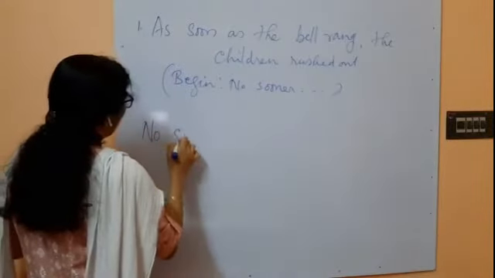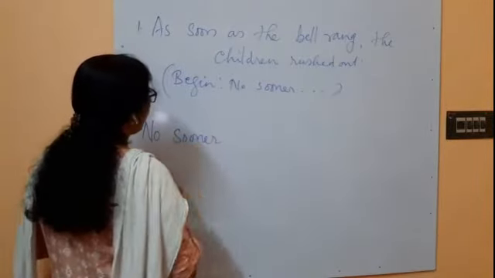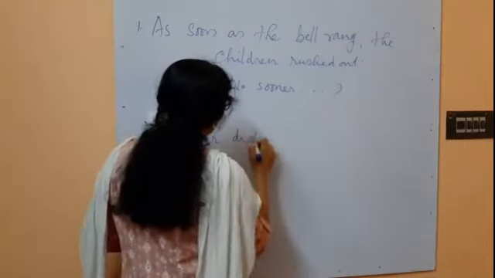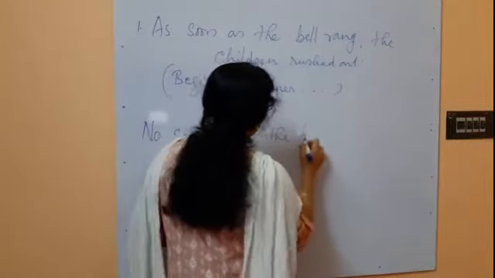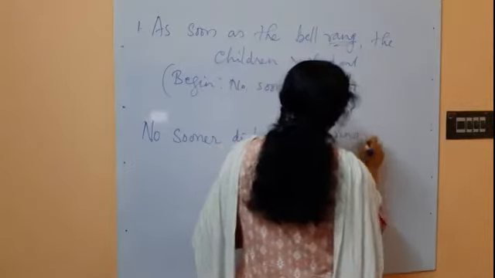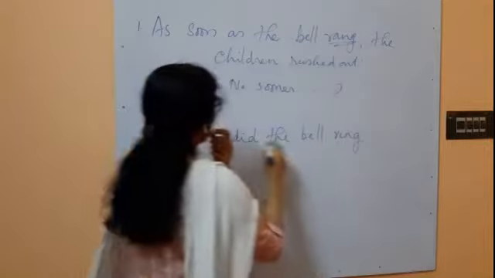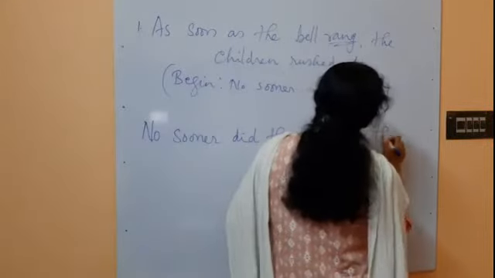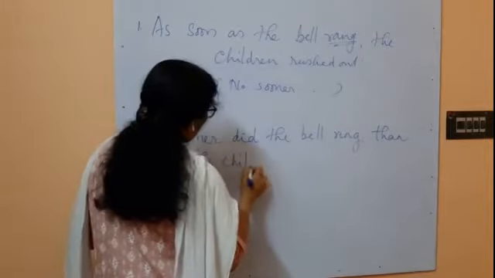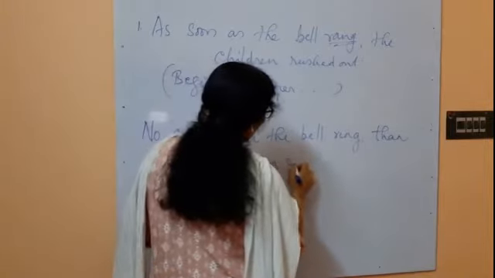As I told you, no sooner will always be followed by did plus the base form of the verb. So: no sooner did the bell. Rang is given there in past tense, so you have to convert that to the base form. So: no sooner did the bell ring than the children rushed out.